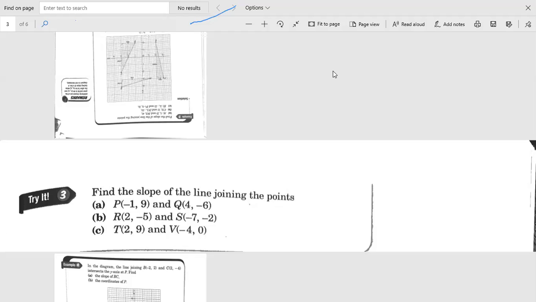And then once you have the answer, please type it on the group chat. We want to figure out the slope of PQ.